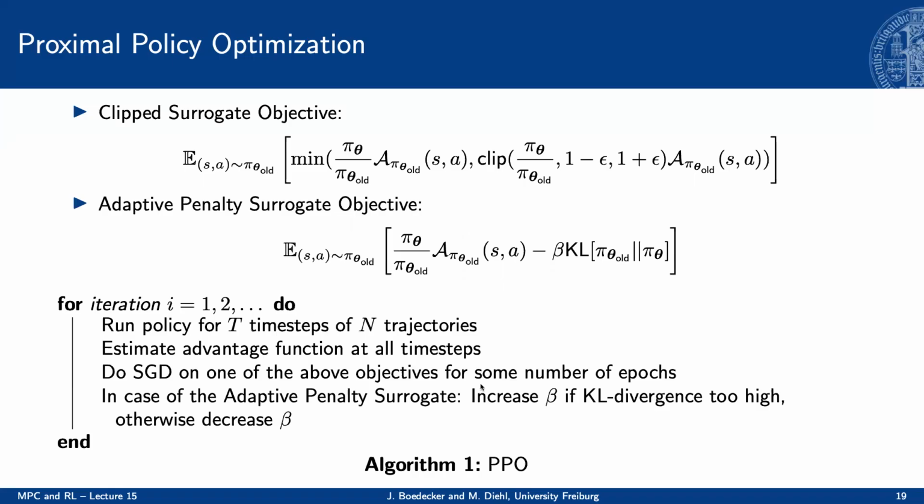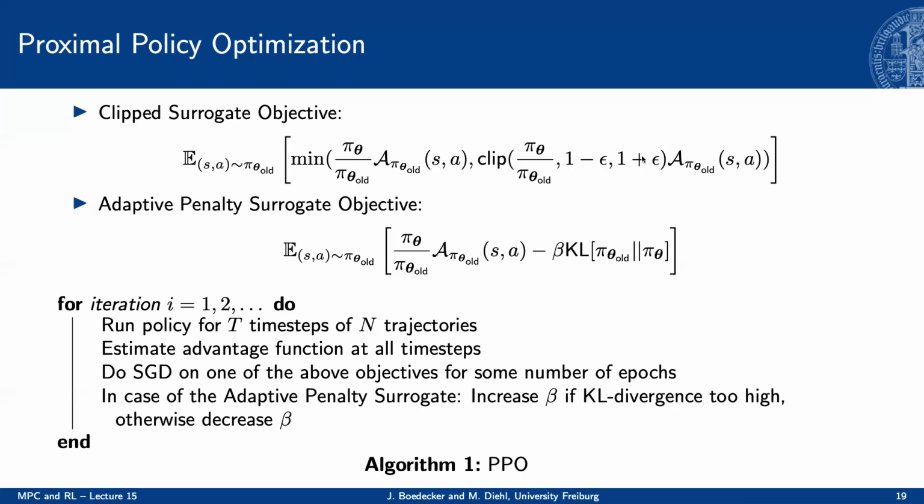To put this in a practical algorithm, they introduce some more heuristics. They introduce something called the clipped surrogate objective, where you take the expectation with respect to the data gathered with the old policy, and then you take the minimum of either this importance ratio corrected advantage, or you clip this importance weight between 1 minus epsilon and 1 plus epsilon.